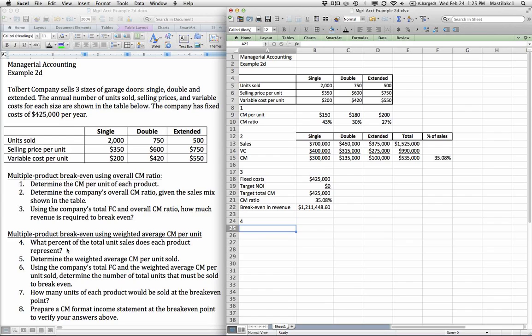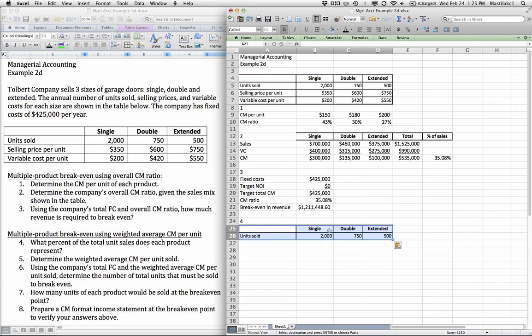Requirement 4, what percent of the total unit sales does each product represent? So what we'll do here is we'll just come up with the total unit sales. And so in each period, we're going to sell 3,250 units total. And we can just take each of these and divide by the total number of units.